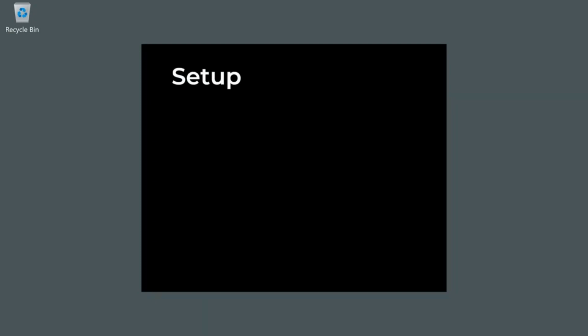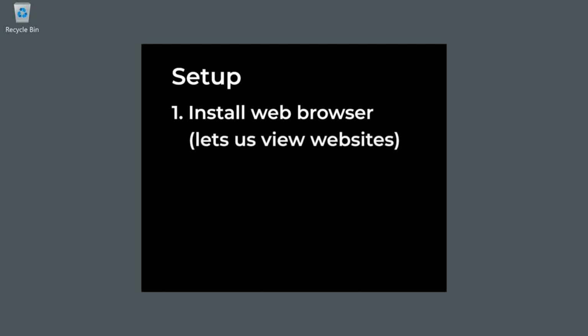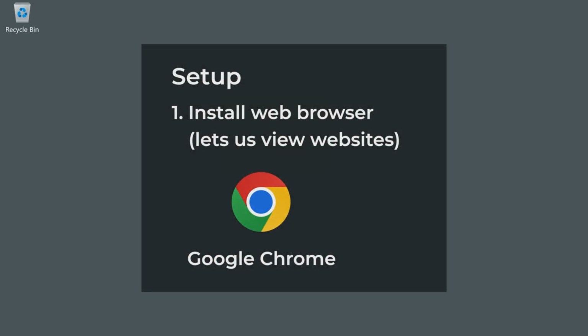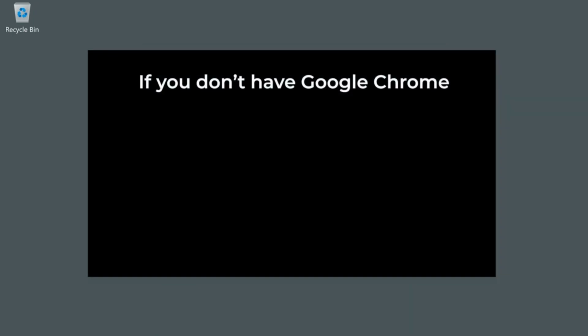The first thing we need to do is to install a piece of software called a web browser. A web browser lets us view websites that we create in this course. The most popular web browser for web development is Google Chrome, so I recommend using that. If you don't have Google Chrome, you can open the default web browser on your computer.